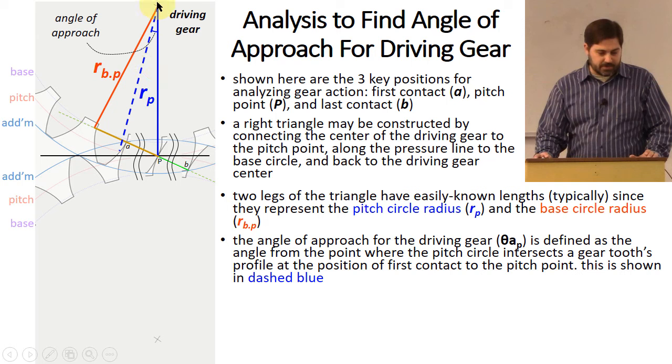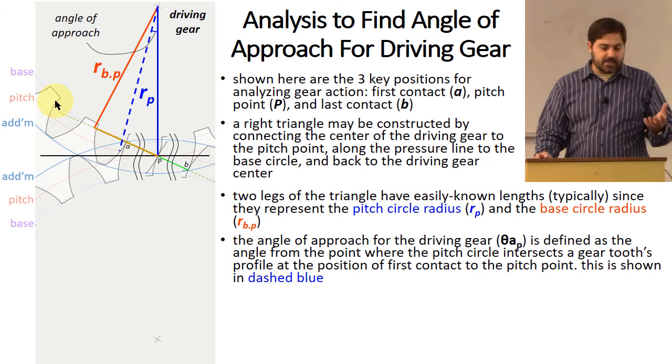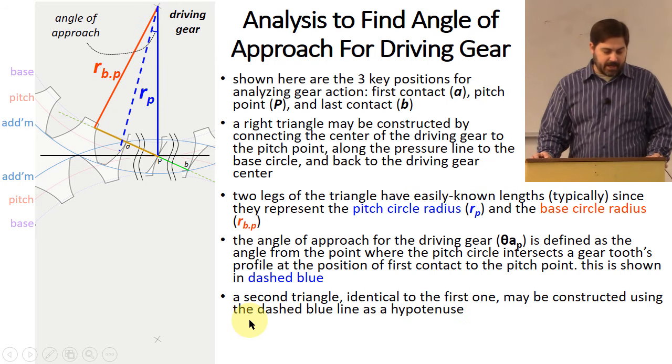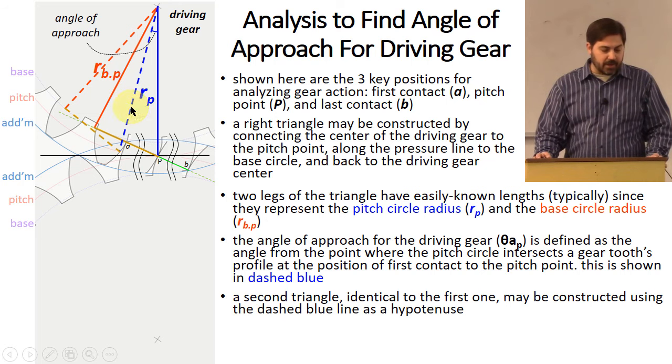All we're doing is imagining rotating that line over here just a little ways until it hits the profile of that tooth. Because that's the same length, and because if I take a line from there again back to the base circle, it'll make an exactly congruent triangle to this initial one, and I can sketch what that triangle would look like in dotted lines there.